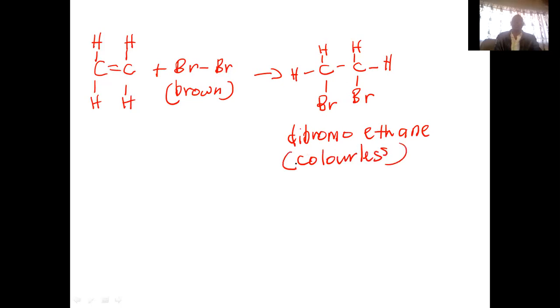It's a colorless liquid. So you have your ethene, and here you have your bromine, bromine reacting with ethene, and you produce actually dibromoethane, which is a colorless liquid.